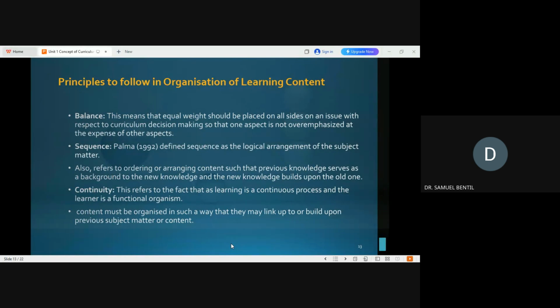So the principle of balance will ensure that in selecting topics, you select an equal number of physical geography topics, human geography topics, and practical geography topics for learners to do. But if it ends up that throughout your program, you have done, let's say, 5 physical geography courses, 7 human geography courses, and 2 practical geography, that is imbalance.